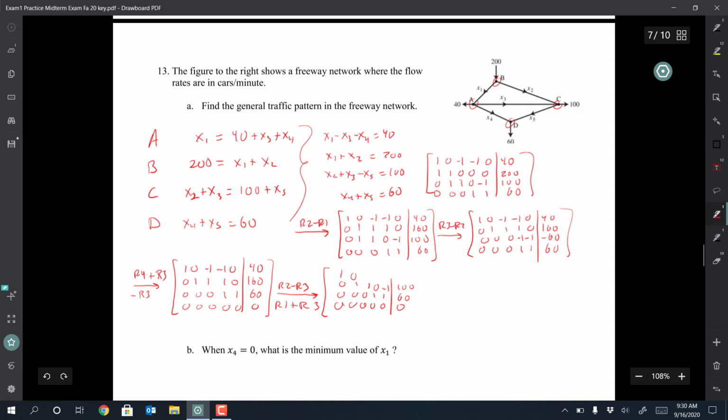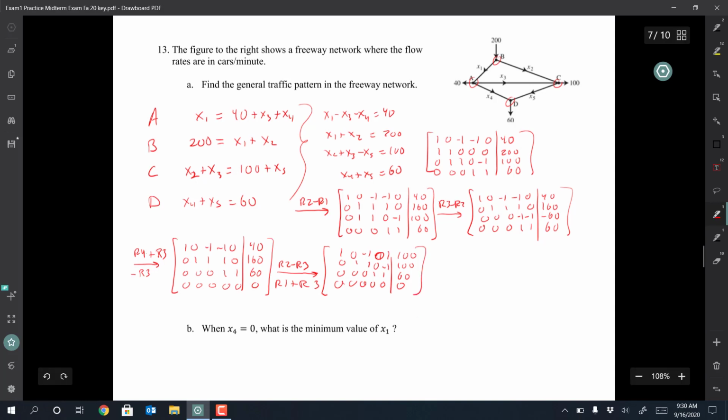Our new row 1 will be, 0 here, 1 here, and 100 here. So row 1 plus row 3 looks like that. Perfect. All right.